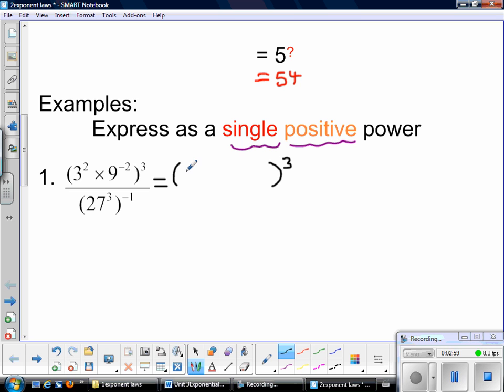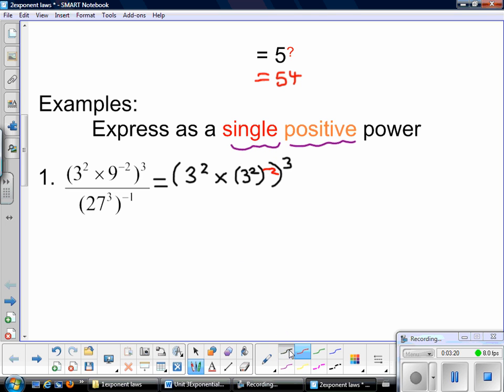So I'm going to keep 3 squared the way it is. Now 9, I can change it to a base of 3 because 9 is the same as 3 squared, right? 3 squared is 9. And that is also to the negative 2, so I must keep the negative 2 there as well.